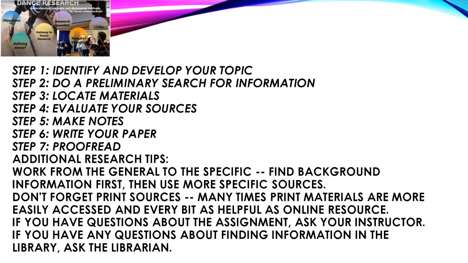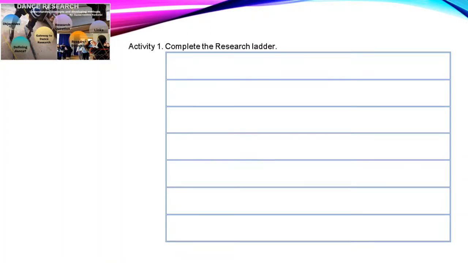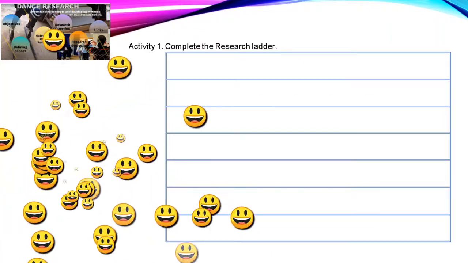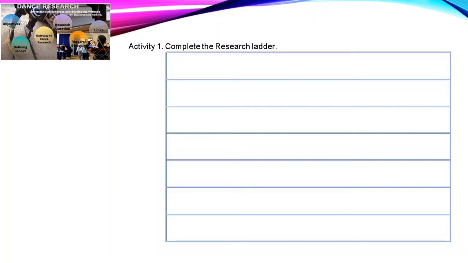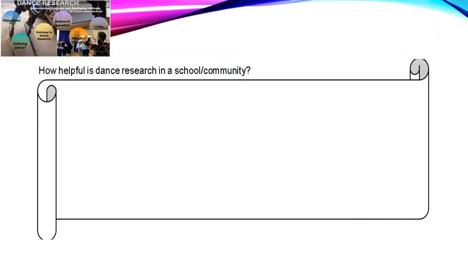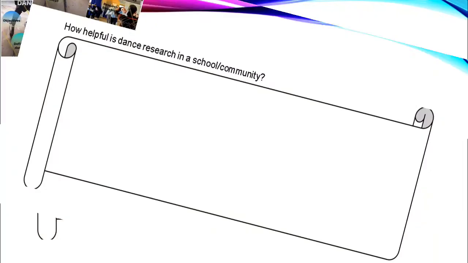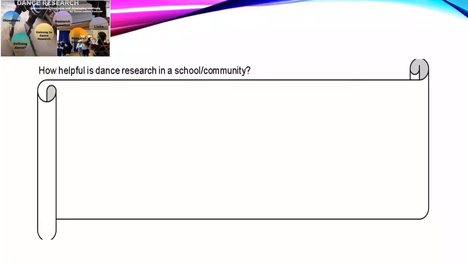Okay, the next activity that you're going to do is complete the research ladder. So what are you going to write there to complete the research ladder? You're going to write the different processes in writing advanced research. Next, you're going to answer the question, how helpful is research in your school and in your community?